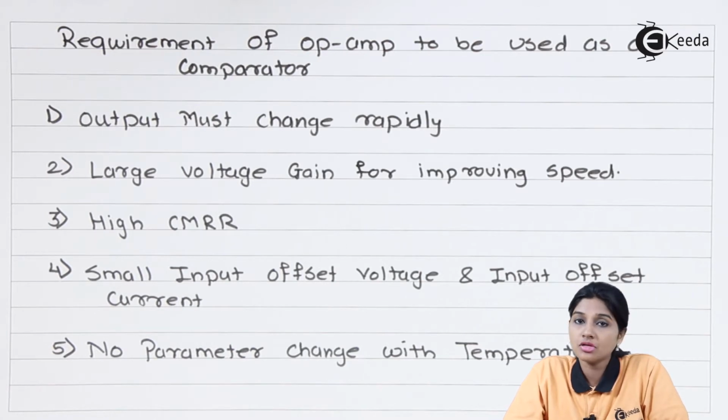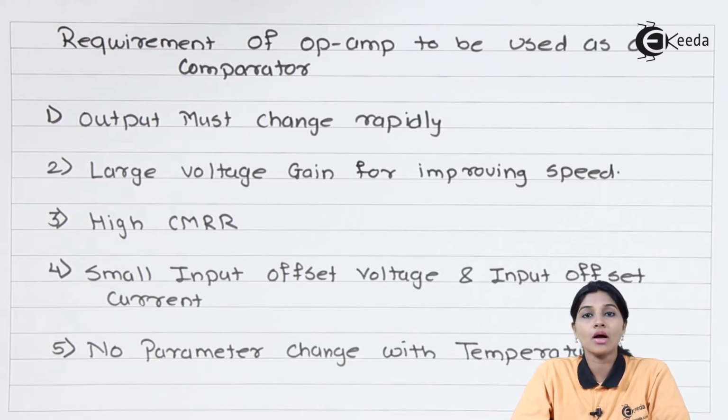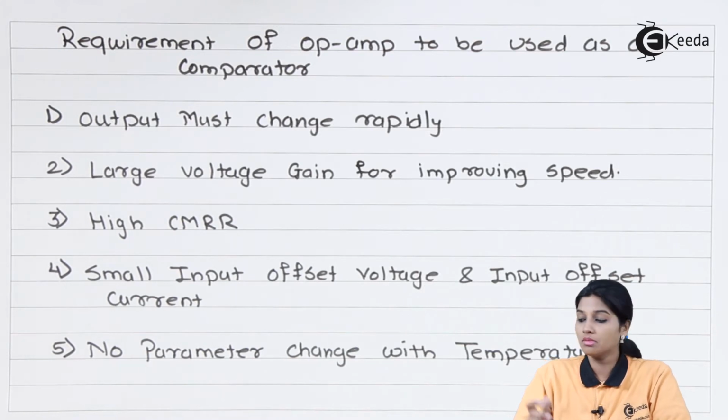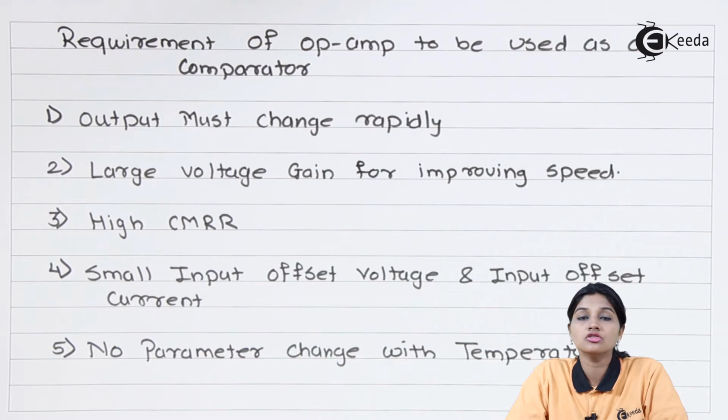The second parameter that we need to consider for op-amp to be used as a comparator is the input offset current. The input offset current is basically due to the current flowing through the inverting and non-inverting terminals of the op-amp. It is basically defined as the algebraic difference between the currents flowing through the inverting and non-inverting terminals of op-amp. Therefore, we can say IOS is equal to IB1 minus IB2.